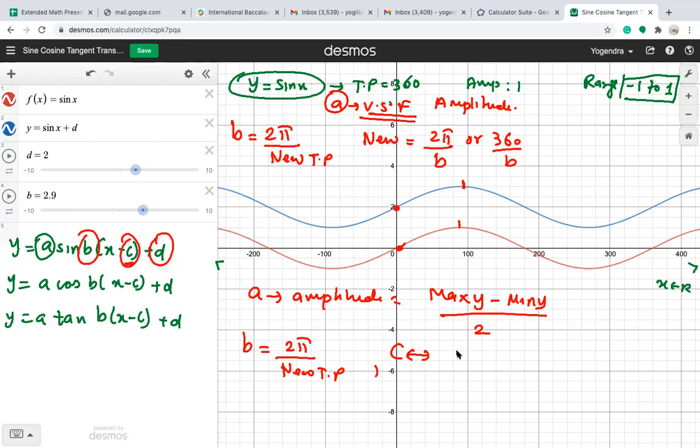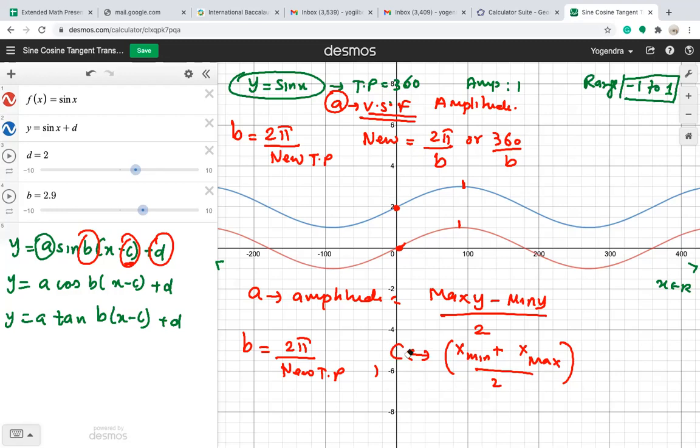There are some textbooks which write down the formula as the first x minimum, for which the y value is minimum, and the first x value for which the y is a maximum. So you take the average of these two, and that's your C value, which I'm not sure of, because sometimes it works and sometimes it doesn't.